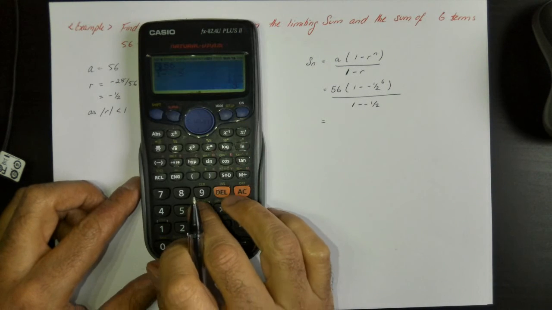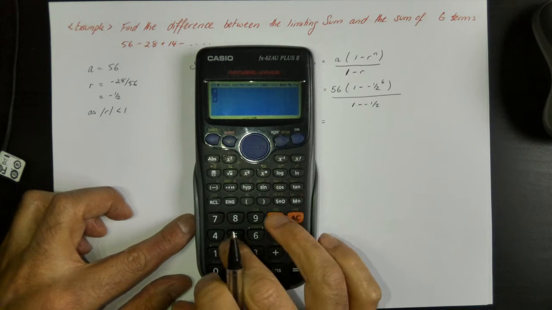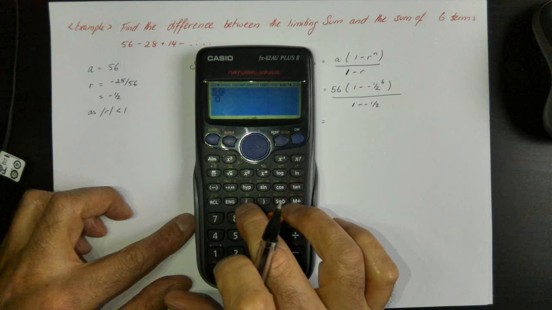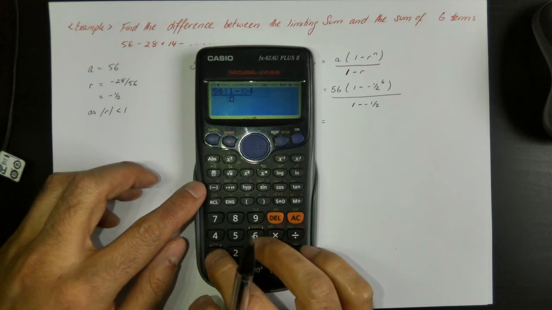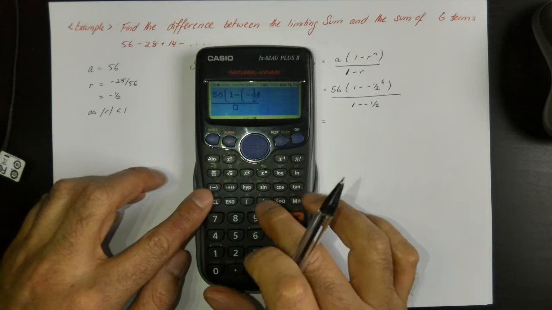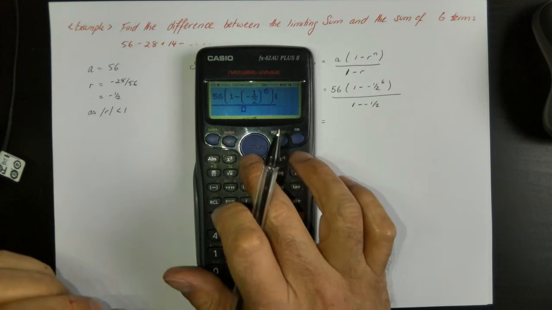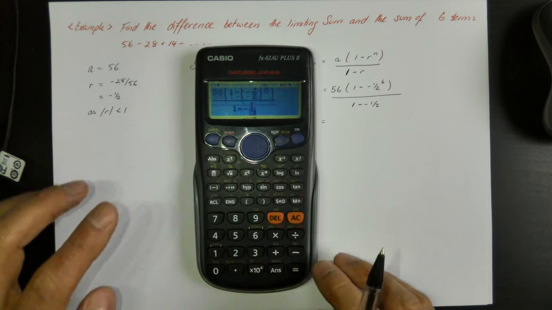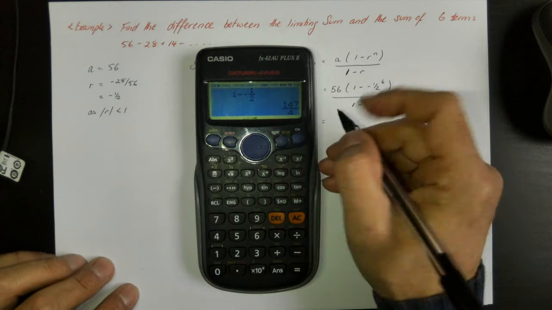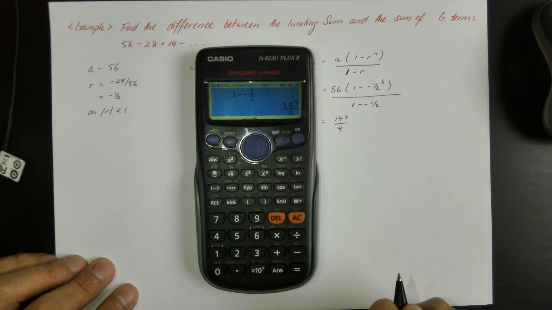So if I plug that into my calculator, I get 56, 1 minus negative a half to the power of 6, 1 minus negative a half, or 1 plus a half, which gives me 147 over 4.